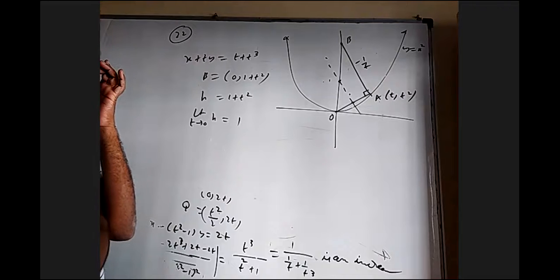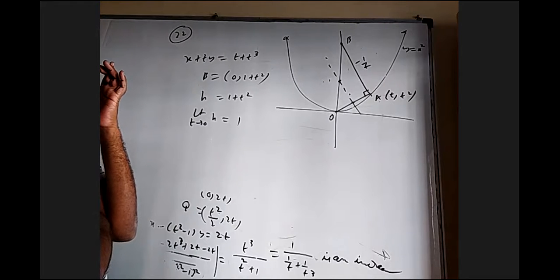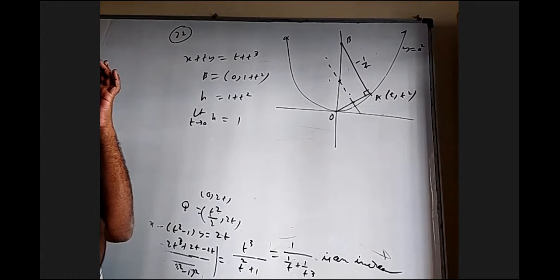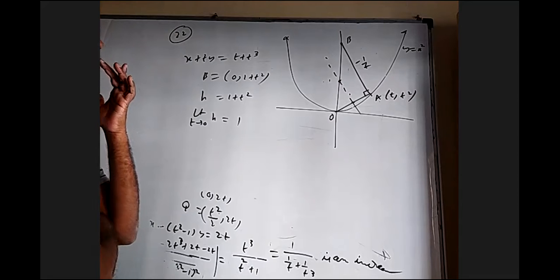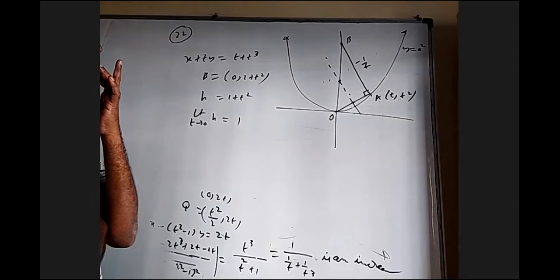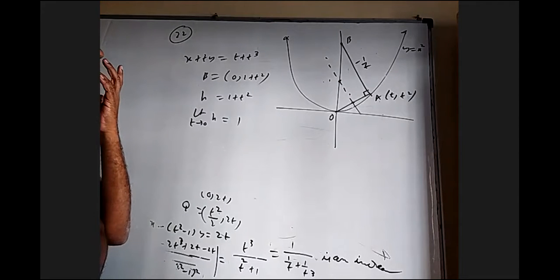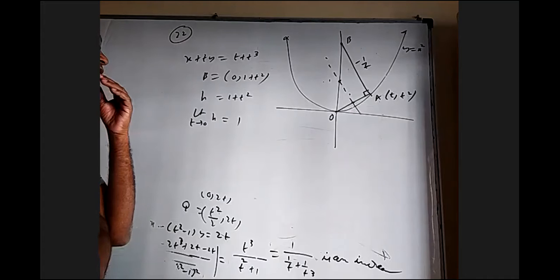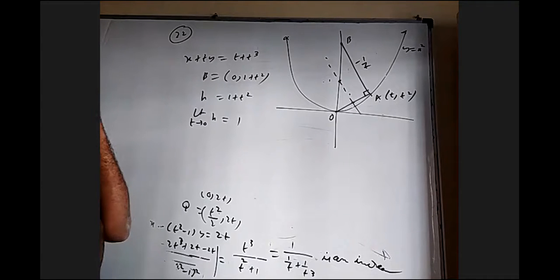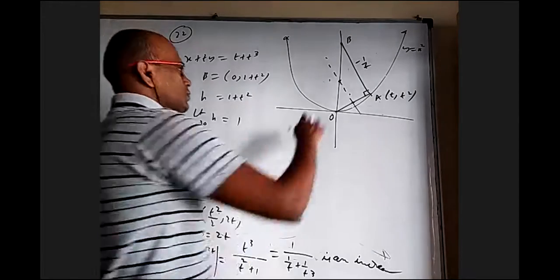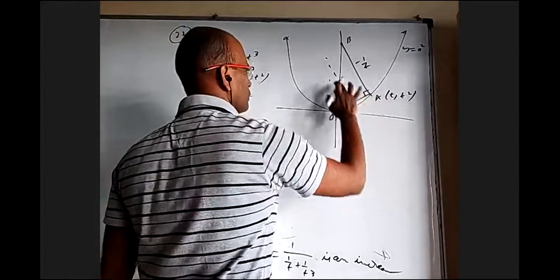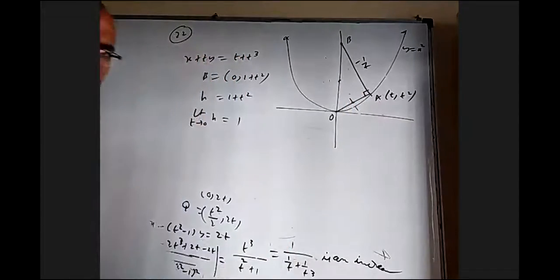What is the normal x-intercept every time? This is fairly simple.